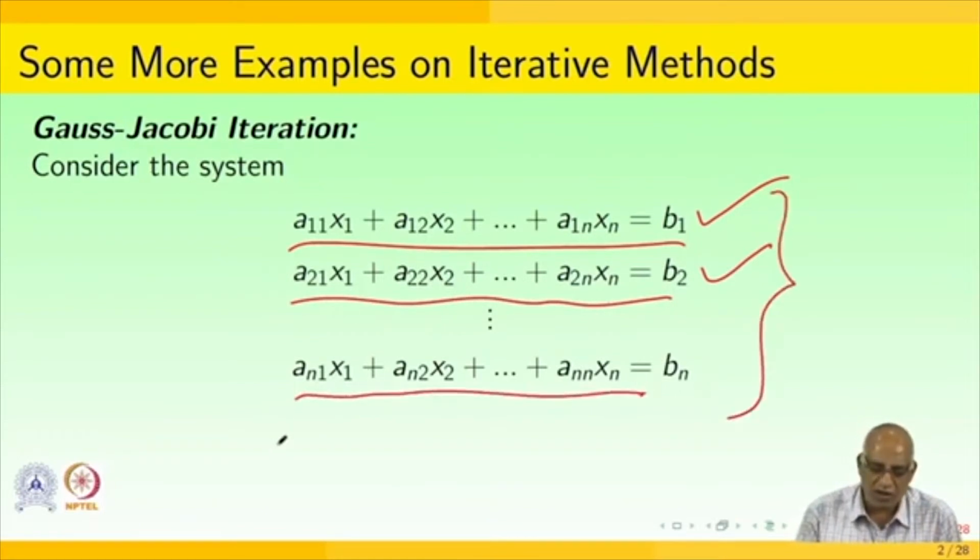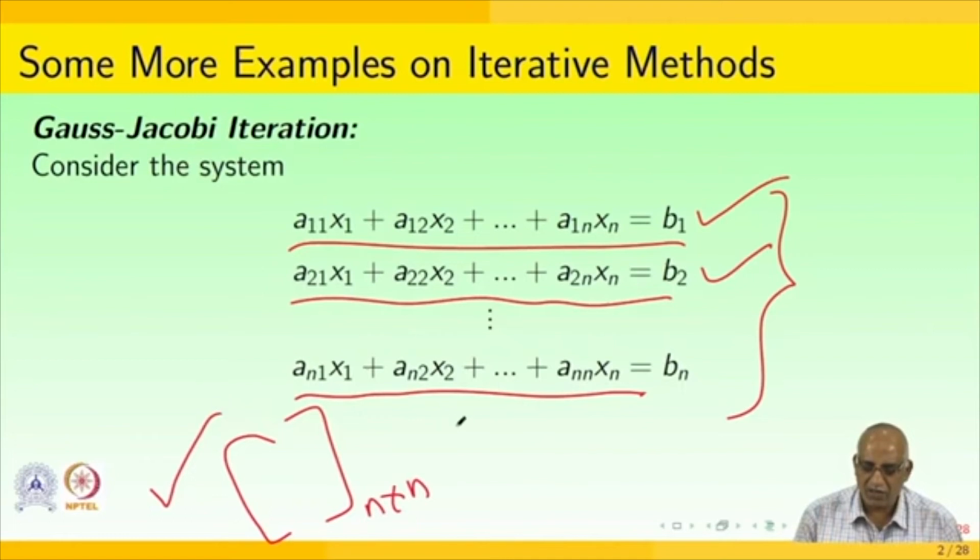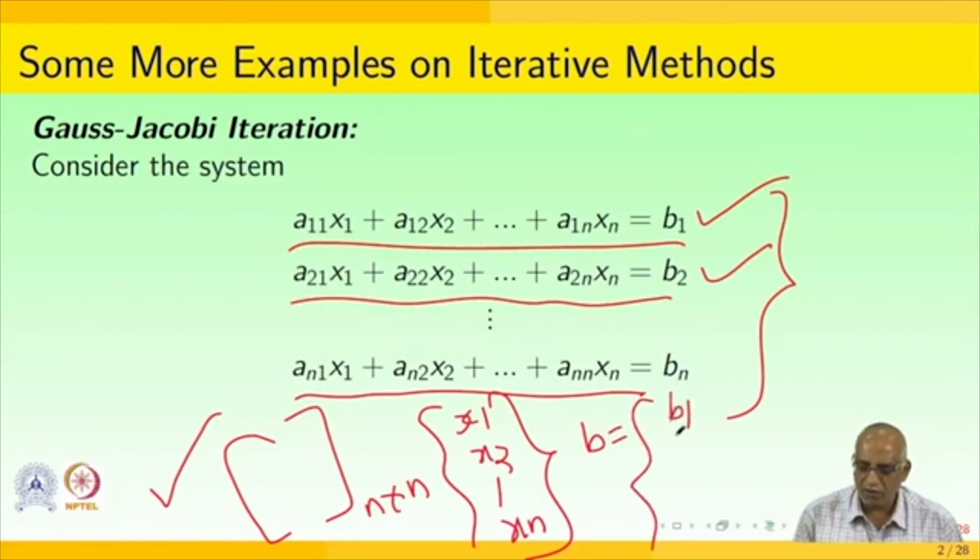So altogether we will have an n by n coefficient matrix, x1, x2, xn vectors, and b is equal to b1, b2, bn vectors.